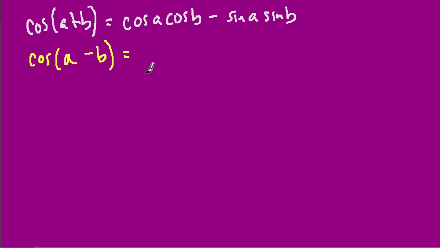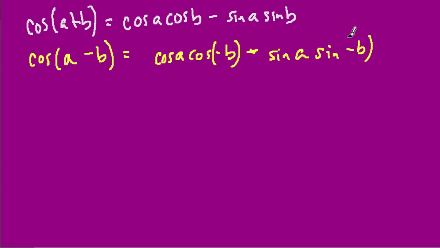Well, that's going to be equal to cosine of A, cosine of negative B, minus the sine of A, and then sine of negative B. That's a minus sign there. Well, now what's going to happen?